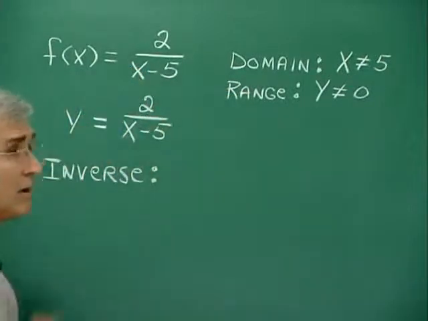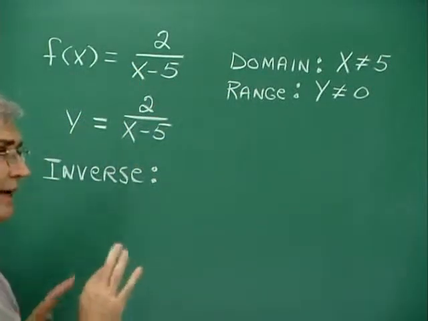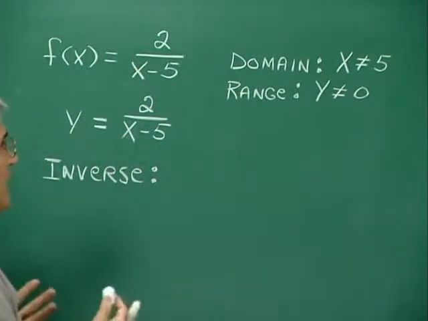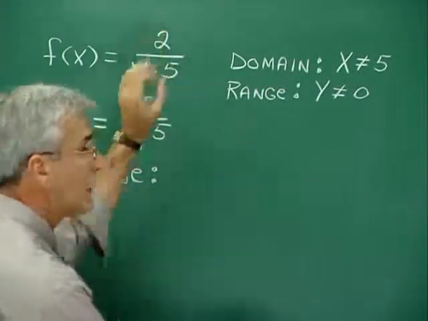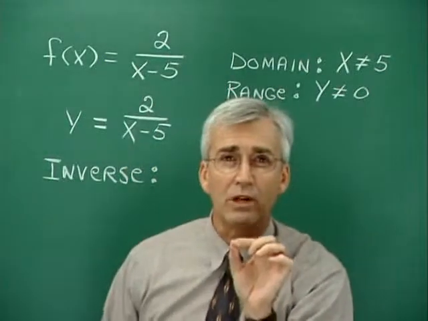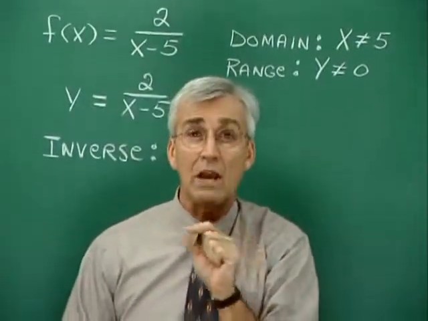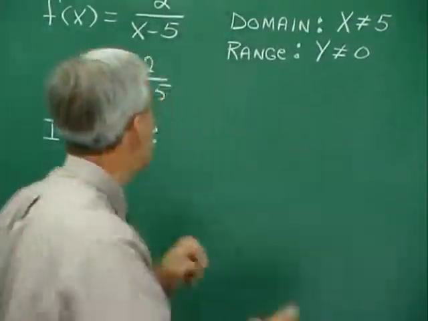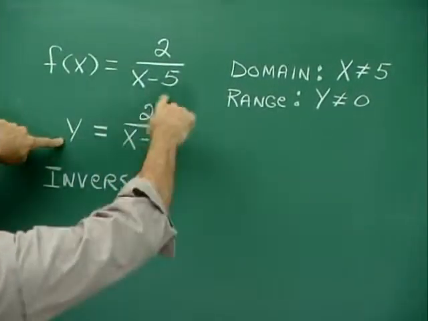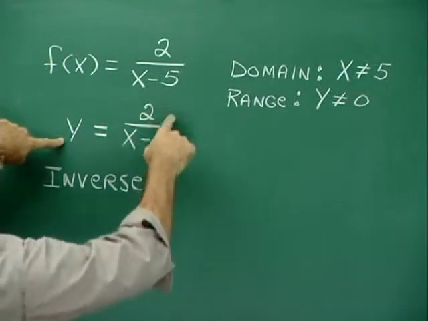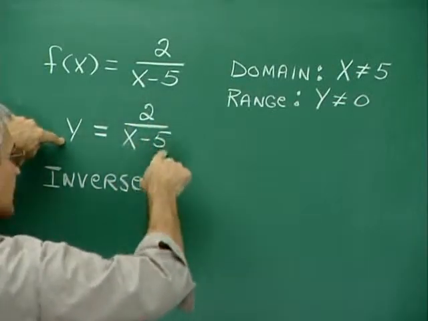Now, the range is a little more elusive, and we haven't concentrated a great deal on identifying range. In identifying range, we're saying, what values can y take on? That is, in this form of the function, for all of these numbers except 5 that we replace x with, what kinds of numbers come out for these fractions?